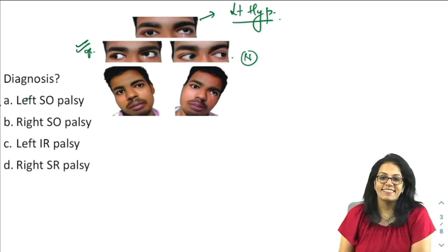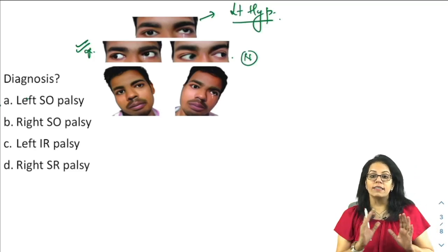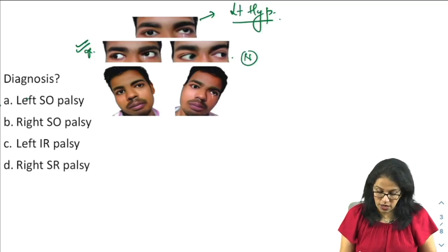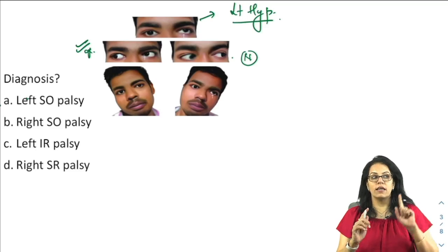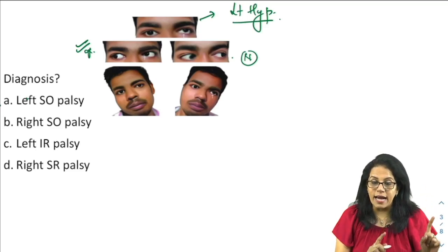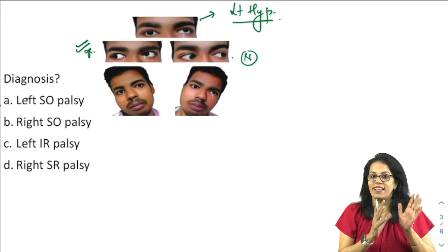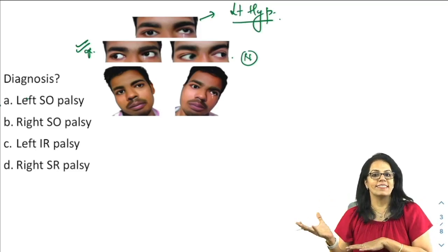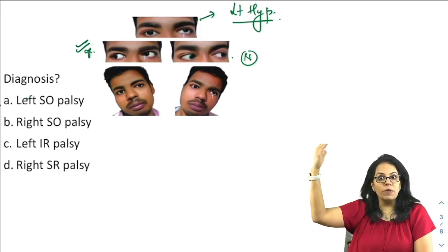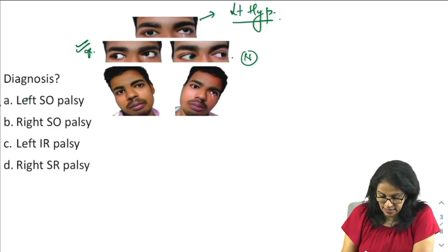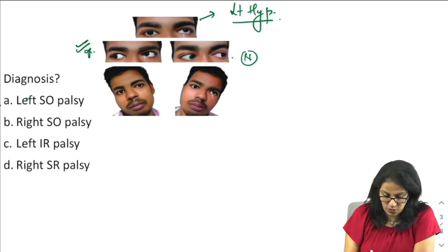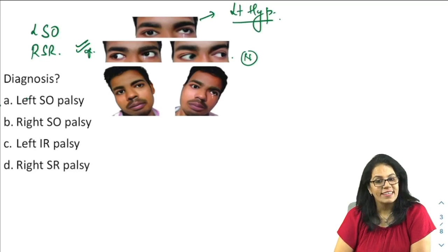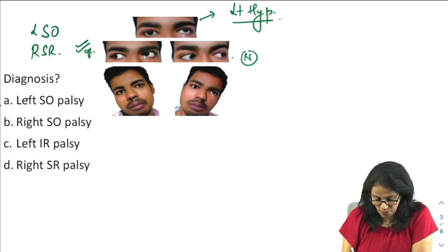what does this mean? The left eye is in an adducted position, isn't it? So when it is increasing on the left side, that means either it is the oblique of the left side or recti of the right side, isn't it? So hypertropia goes up in opposite gaze, which goes in favor of left superior oblique or right superior rectus, any of these. Isn't it? So these were the 4 muscles which we have in doubt.